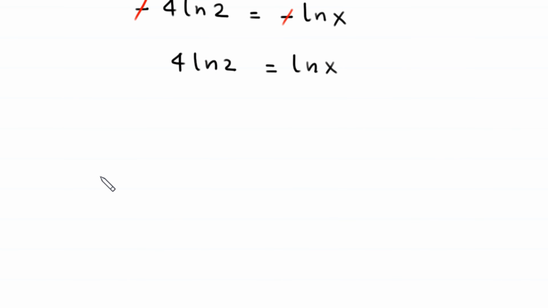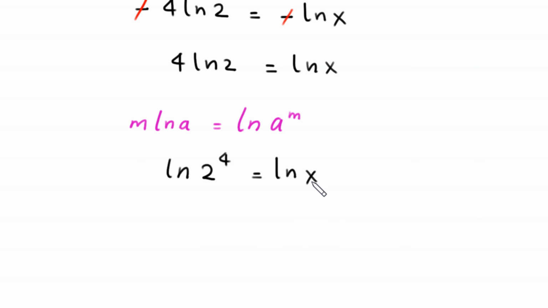Now by using this natural log property, m times ln of a is equal to ln of a to the power m, this 4 times ln of 2 will become ln of 2 to the power 4 is equal to ln of x. Now this will become ln of 16 is equal to ln of x.